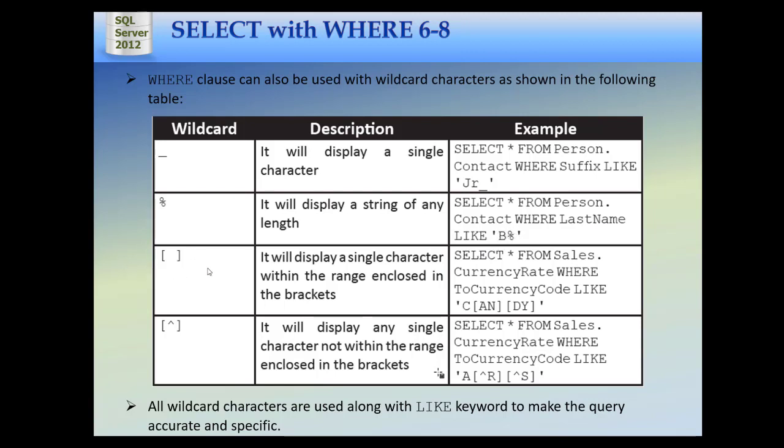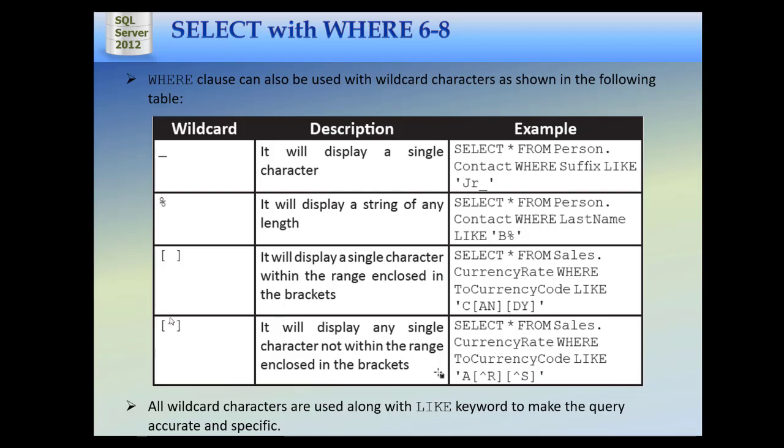Then we have the brackets. This will display a single character within the range enclosed in the brackets. So select star from sales.currency rate where to currency code like 'CAN[DY]'. So it can be CAD or CAY or CND or CNY.